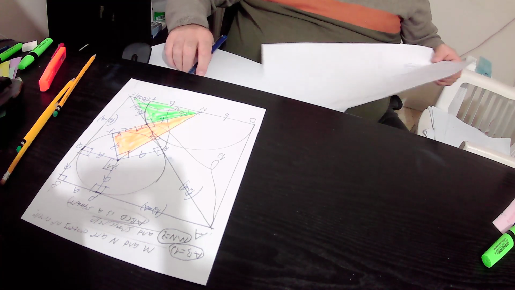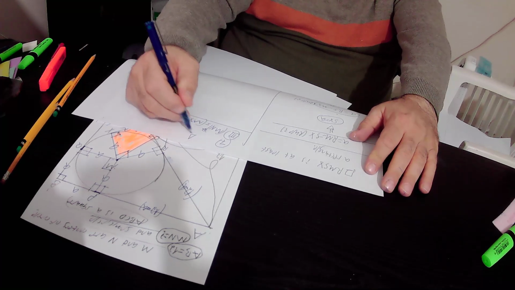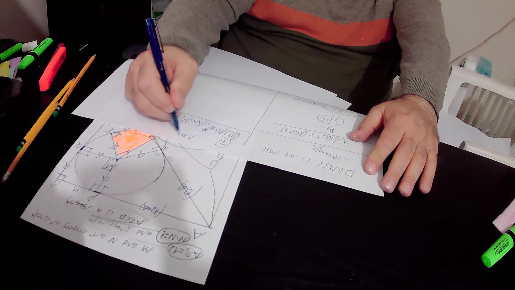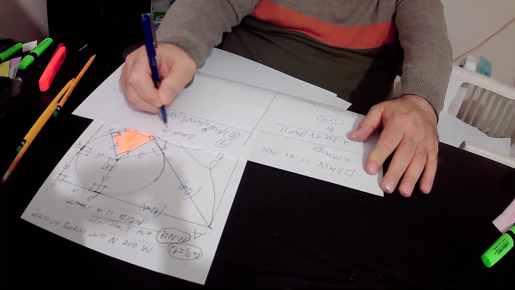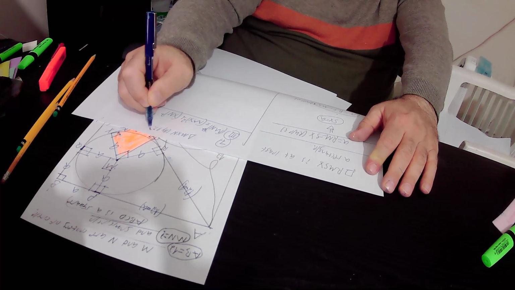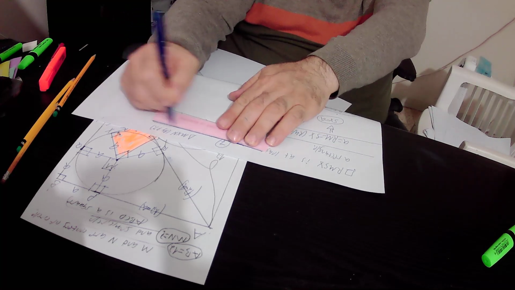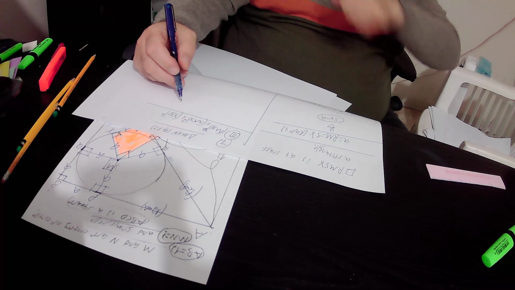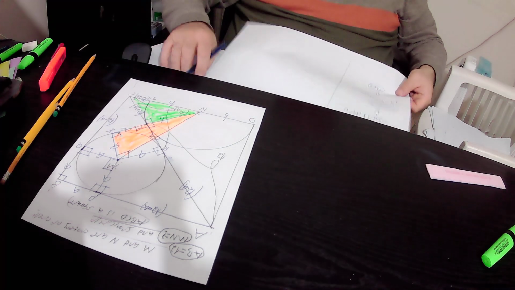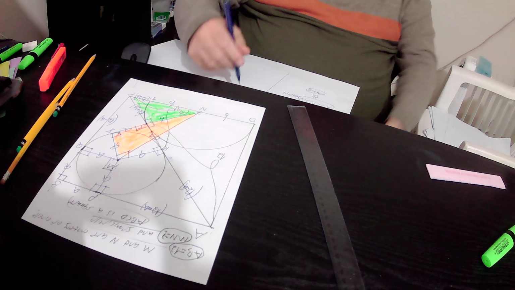I'll repeat again. In the right triangle MXN, according to the Pythagoras theorem, Mn squared equals Mx squared plus Xn squared. So Mn is the missing variable, so we leave it as it is.